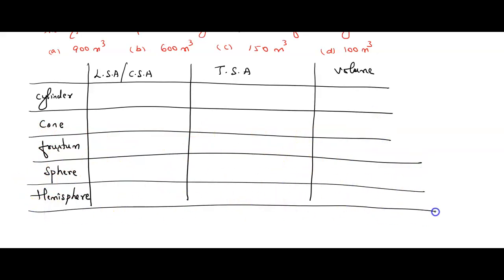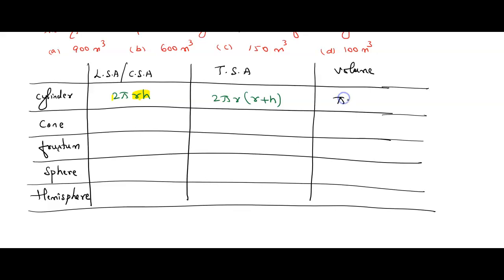See children, first is cylinder. What is the formula to find the lateral surface area, the curved surface area of a cylinder? That is 2 pi r h. Total surface area is 2 pi r (r plus h). You write this 2 pi r as it is, only the last part rh you write again as r plus h. 2 pi r into (r plus h).